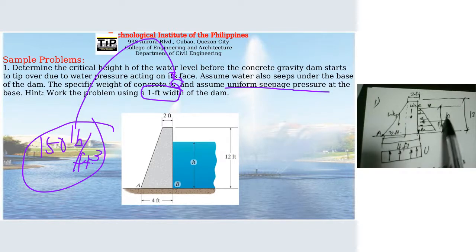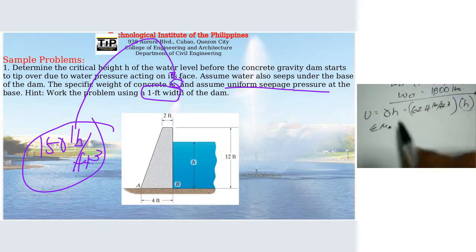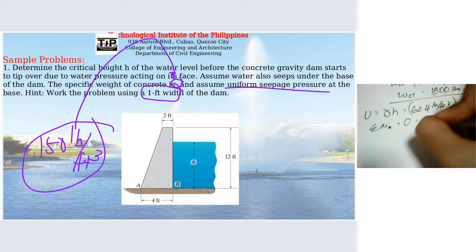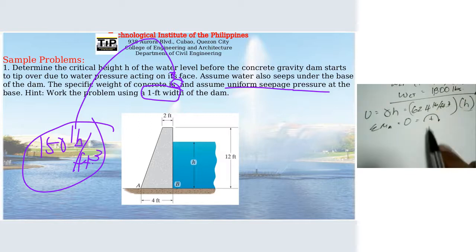And we are determining the amount of H before the gravity dam starts to tip over due to this water pressure. Okay? So, moment at A. Summation of moment at point A equals 0. Clockwise positive.